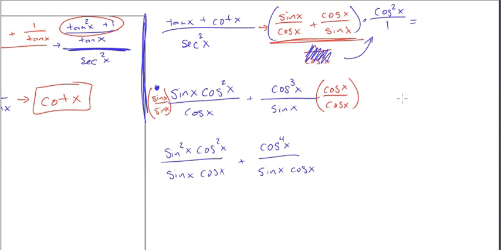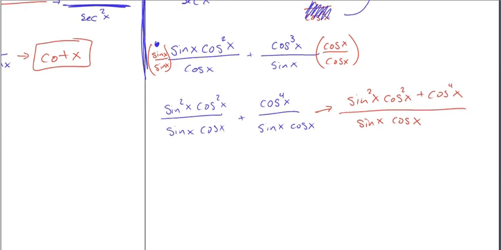Okay, keep on going, and now we can add these together. And we've got sine of x squared cosine of x squared plus cosine of x to the fourth, all over sine of x cosine of x.